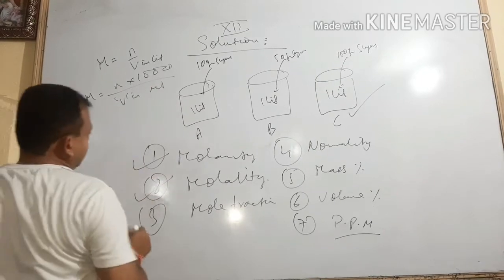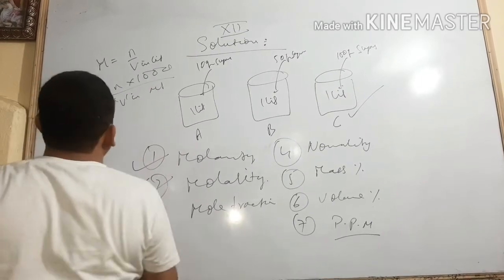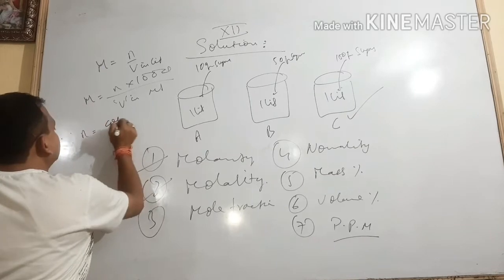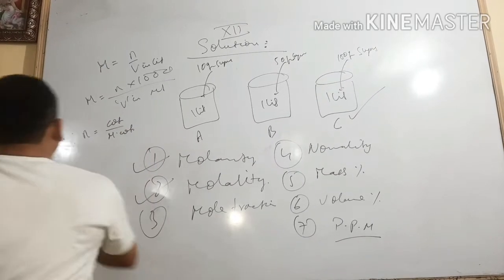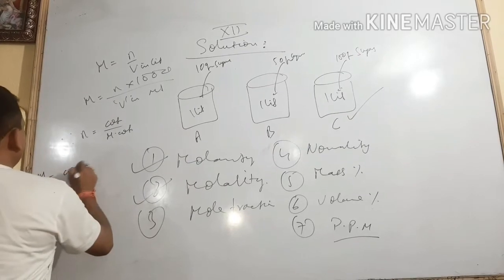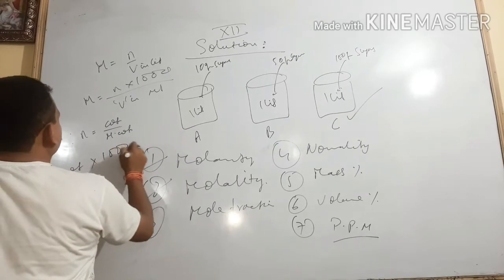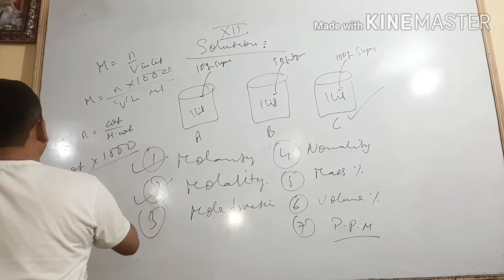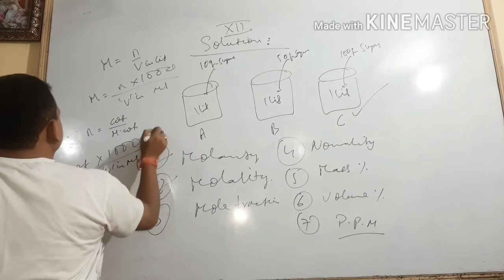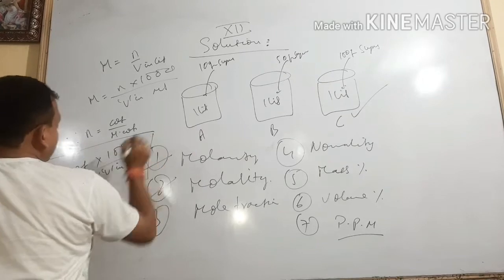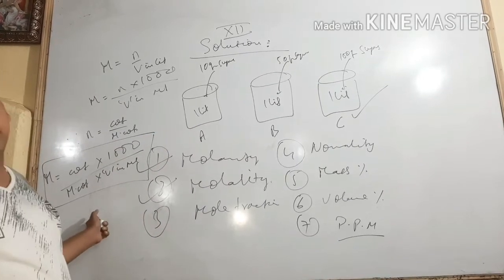Since we know that number of moles is equal to given weight by molecular weight, the formula will become M is equal to weight into 1000 by molecular weight into volume in milliliter. This is the formula for molarity.